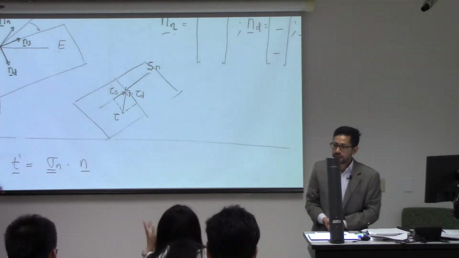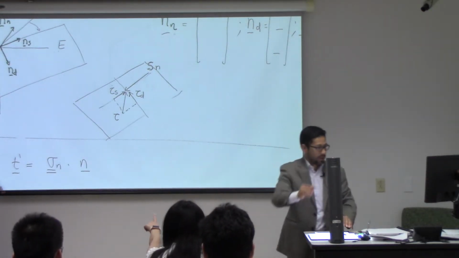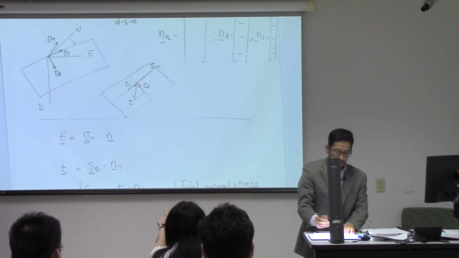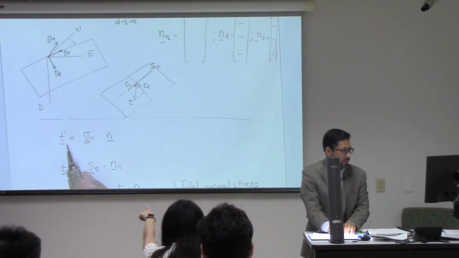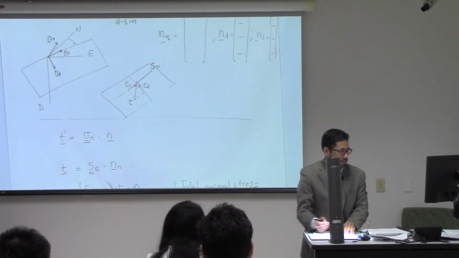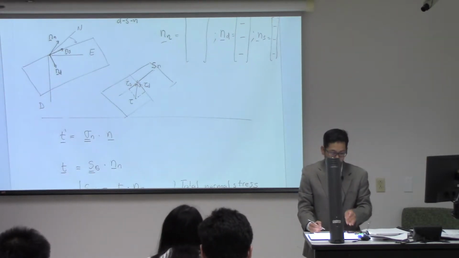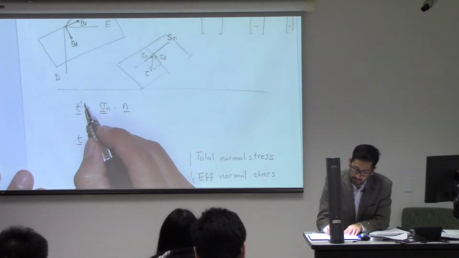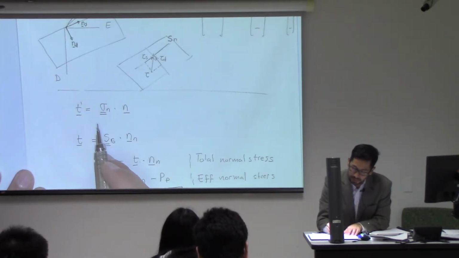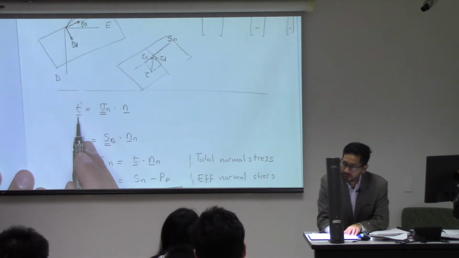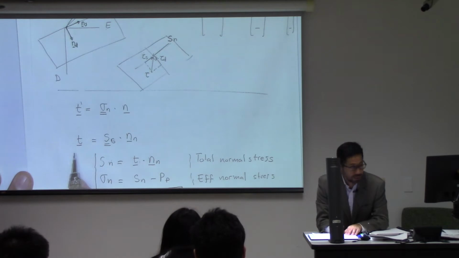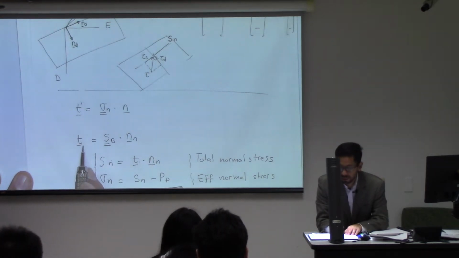All right, yes? Can you explain the top term equation again? What's the vector before? This vector over here? Yeah, but this equation, what's the vector? So I was meaning with this to have this vector t, that will be an effective stress vector, and this will be a total stress vector.